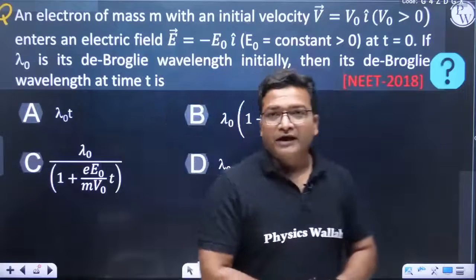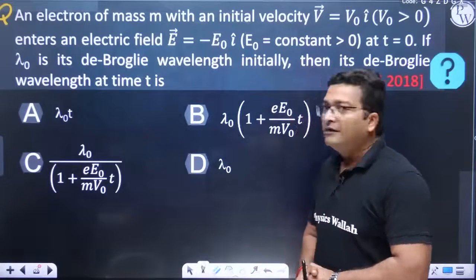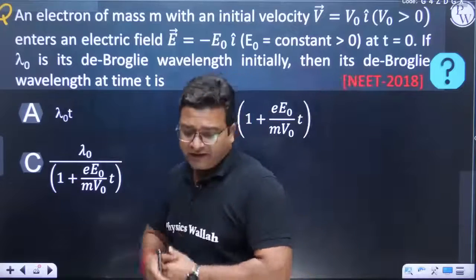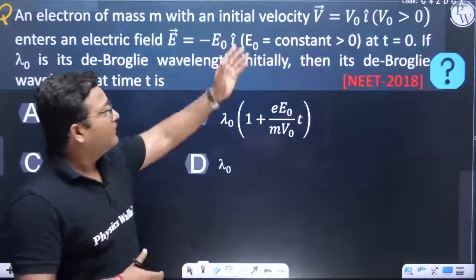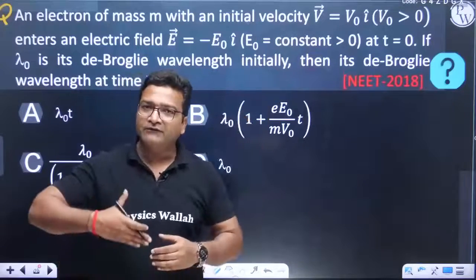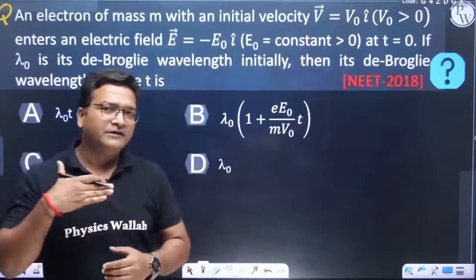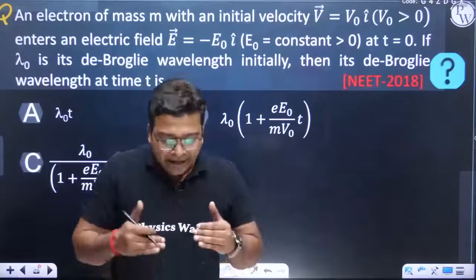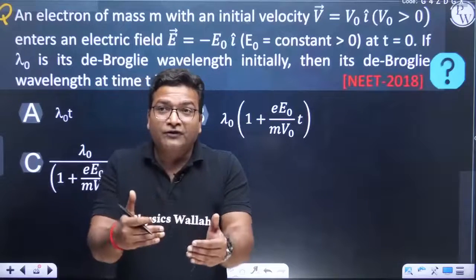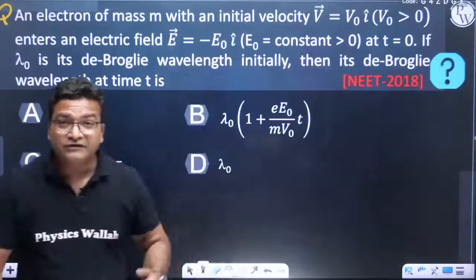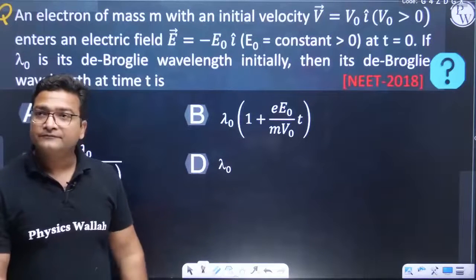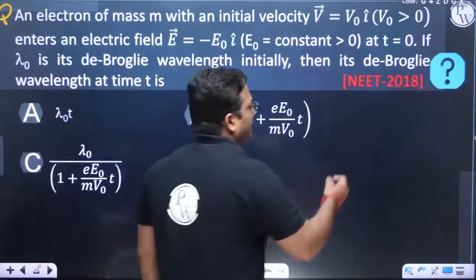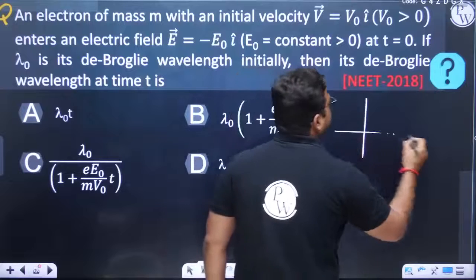So let us see what we have as first question. We have an electron of mass m with initial velocity v naught i cap, so an electron traveling towards the positive direction of the x-axis. v naught is positive, and it enters an electric field directed towards the negative x-axis. Say this is the y-axis, this is the x-axis.